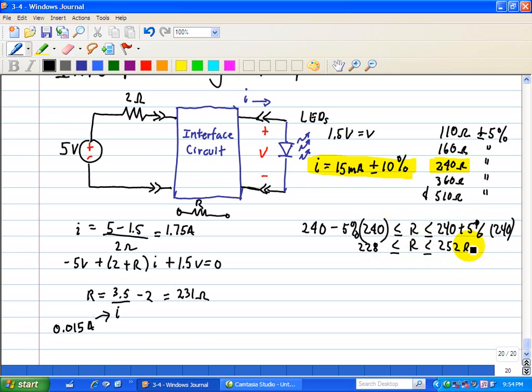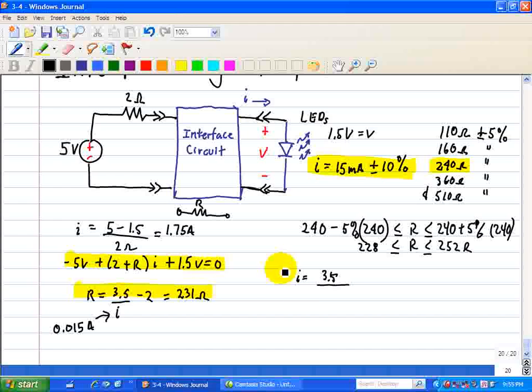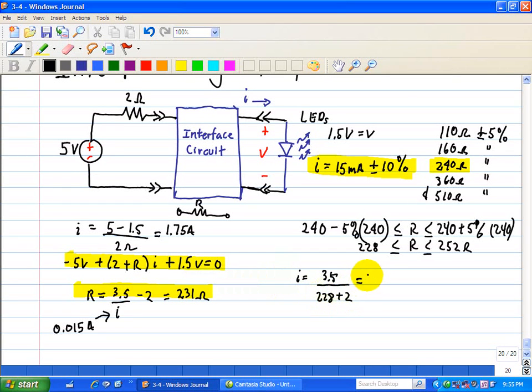Now substituting the lower limit of 228 for R in this expression here, let me highlight that, we can calculate I as 3.5 divided by 228 plus 2, which is equal to 15.2 milliamps.